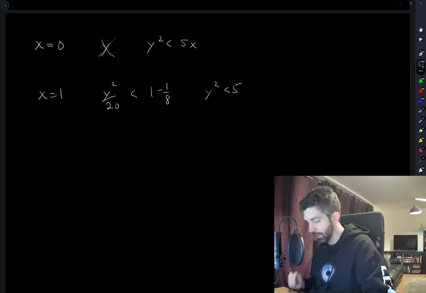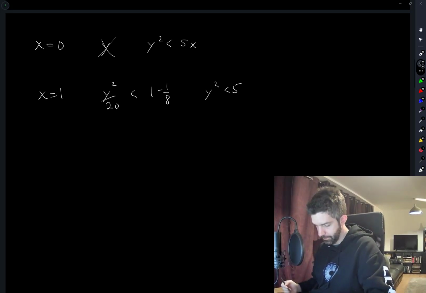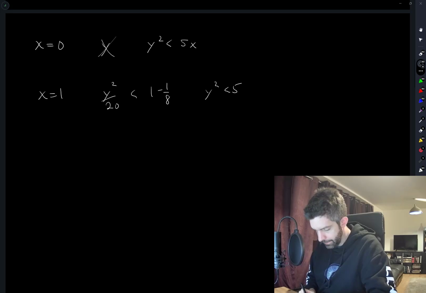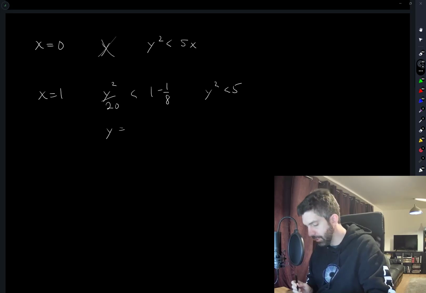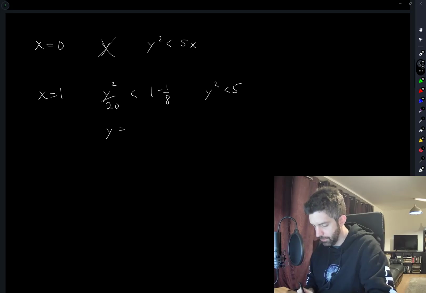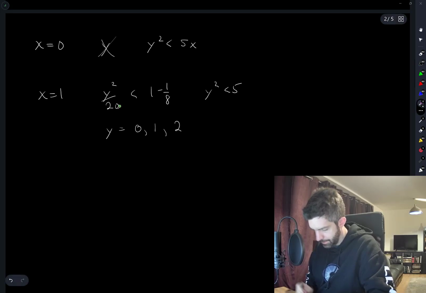So what values could work here? y could be equal to, I'm only going to list the non-negative values, 0, 1, 2. Is 4 over 20 less than 7 over 8?